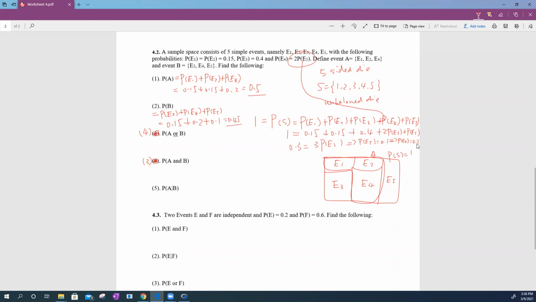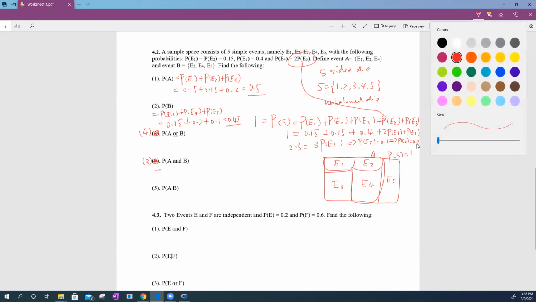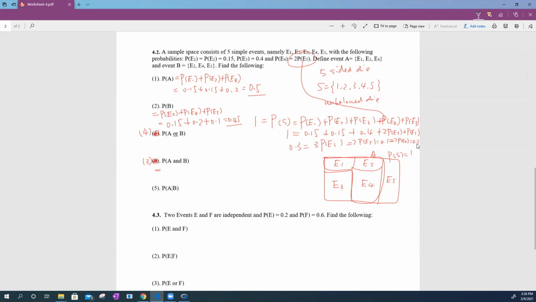And probability of A and B, so the red circled area, that's event A, and then the green one is for B, right? 2, 4, 5. And then the overlap is actually and. So we have E2 and E4. So we say what?